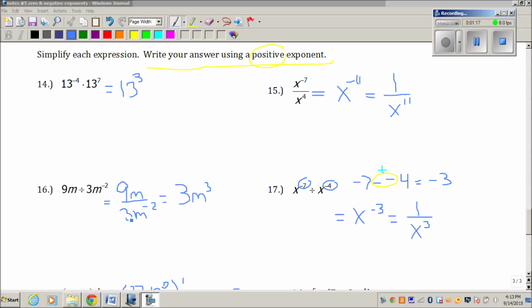I find it easier to see, so you can divide the numerators, divide the coefficients and then divide the variables. And then in number 17, I showed my work of how I subtracted the exponents. I ended up with negative 3, and then the negative exponent tells me I have to take the reciprocal of the base. So it's 1 over x cubed.